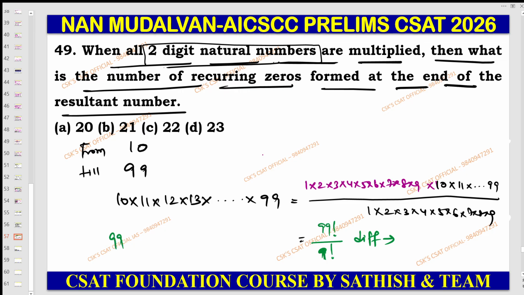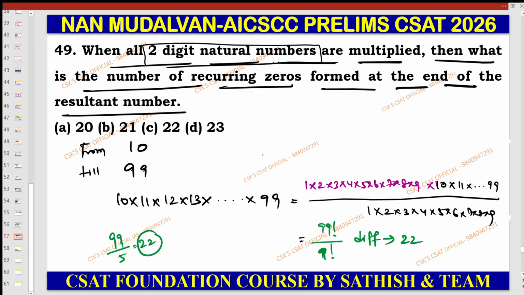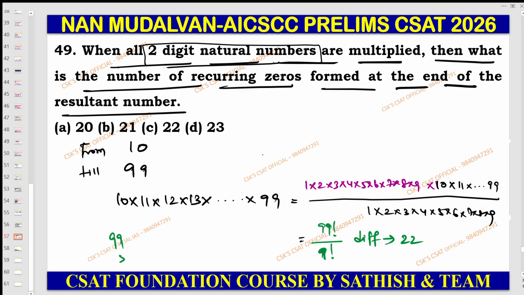Listen carefully, 99 factorial contains 22 such fives, 22 only. How 22? You guys getting that logic? We have to find the number of zeros.